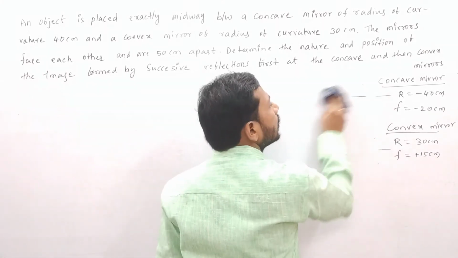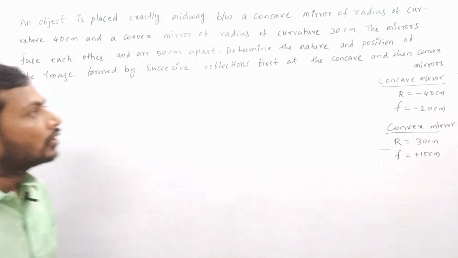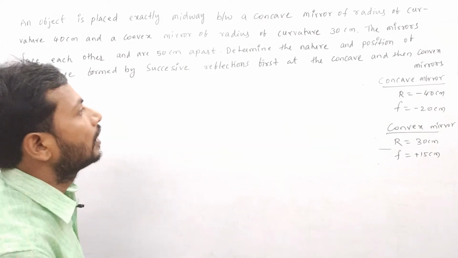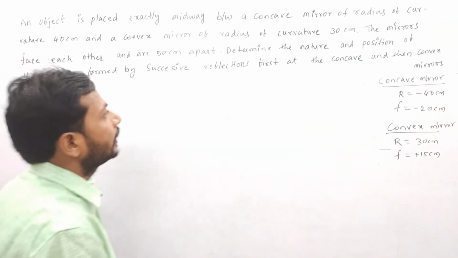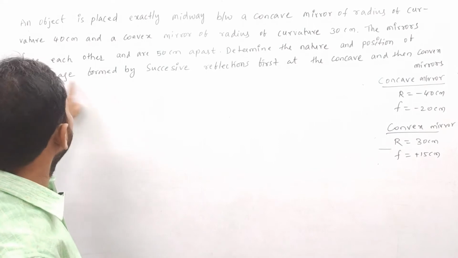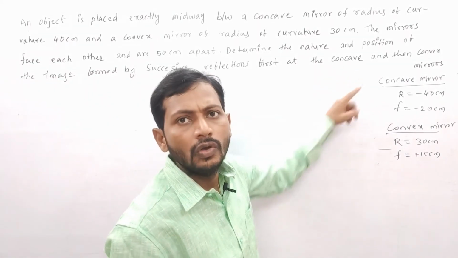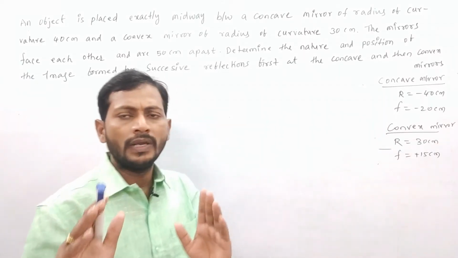Children, see there, what is the question given? The two mirrors face each other, concave mirror and convex mirror. He told the image is formed by successive reflection, first at the concave mirror. So now I am going to take the first mirror.